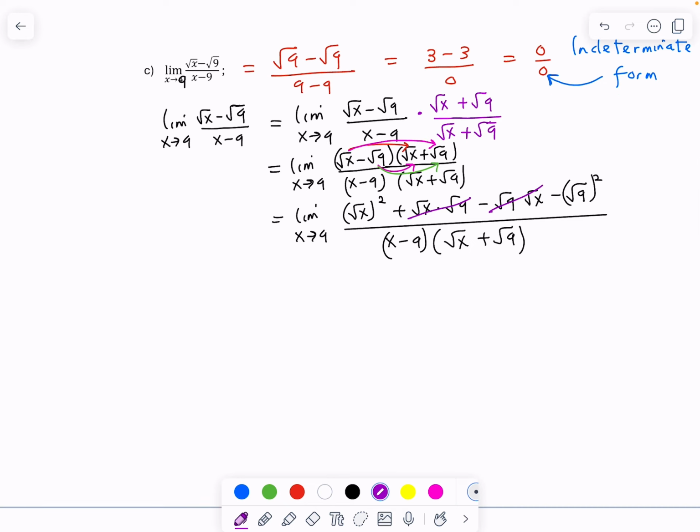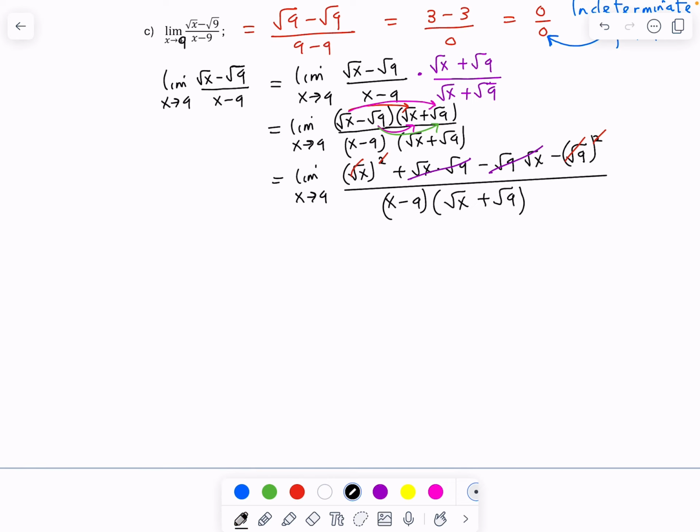For the square root of x squared, the square cancels the square root of x. And for the square root of 9 squared, the square cancels the square root of 9. So I'm going to be left with the limit as x approaches 9 of x minus 9 for the numerator, divided by x minus 9 times square root of x plus square root of 9.